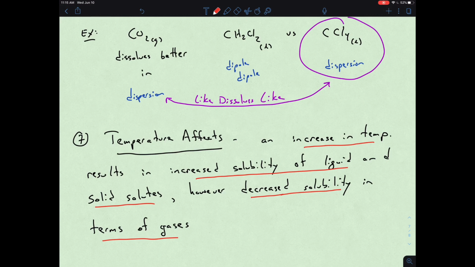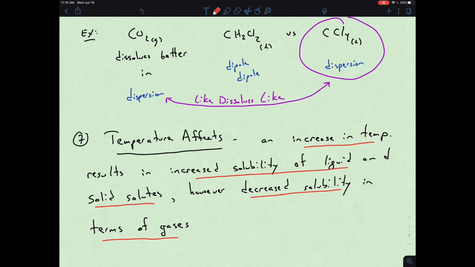We talked already about the increase in temperature with solids or liquids, right? This idea that we can go past saturation and create supersaturated solutions as a result of temperature. As far as gases, that might be a harder one to understand, as far as why they are less soluble at higher temperature.